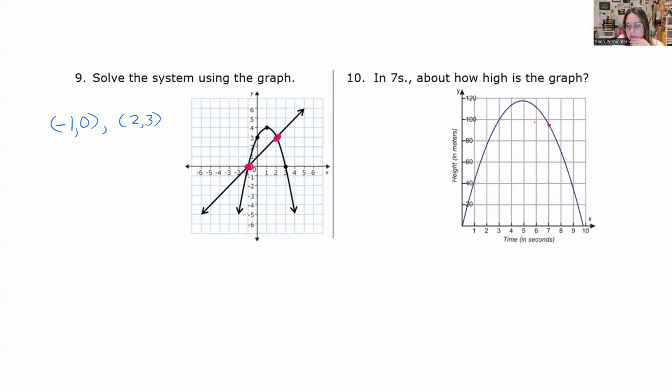Would you say that it's about right there? Okay. So let's look at the scale. It goes from 80 to 100. So right in the middle is going to be how much? 90. So right in the middle is 90.